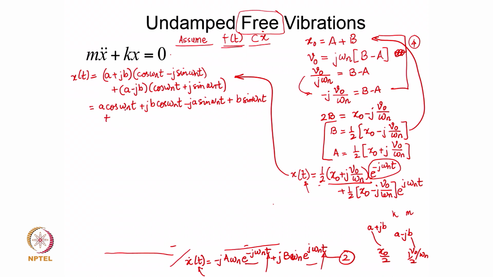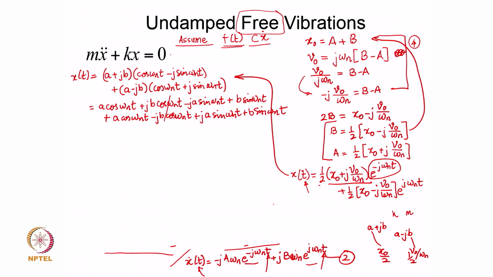Plus the second term expands to a cos omega n t, right, and minus j b cos omega n t, and that gives you plus j a sin omega n t, and finally plus b sin omega n t, right.